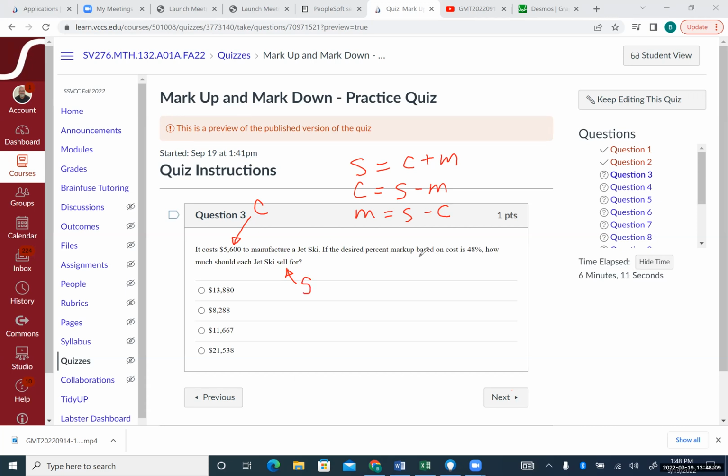But they didn't directly give us the markup. They told us the percent of markup, they want it to be 48% of whatever the cost was. How do I find that? If I want to mark up something 48% and I pay $5,600 for it, how do I find out in dollars how much that is?